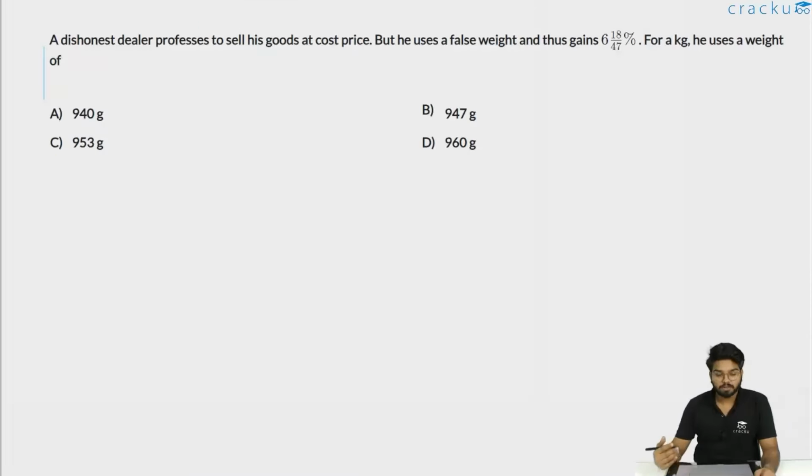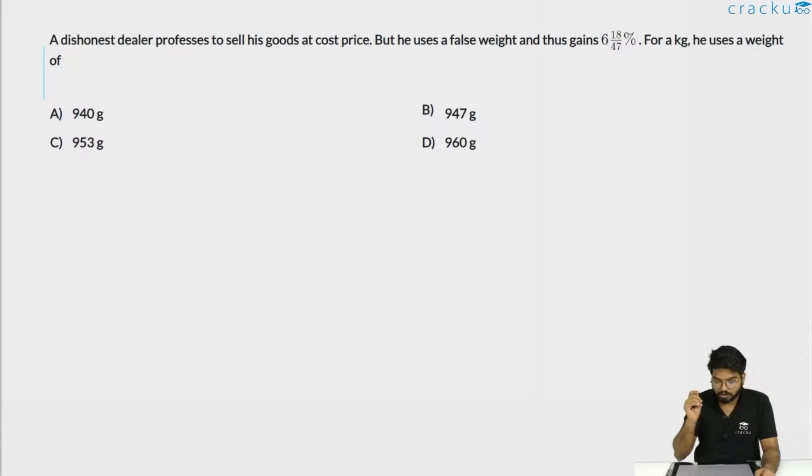Hi guys, we have this question based on profit and loss, and this question is a unique type because it has a concept of faulty devices. It says that a dishonest dealer professes to sell his goods at cost price. Okay, so the dealer says that I am not selling it at any increased price or decreased price, I am selling it at the cost price. It means I am selling at the price at what I have bought the products.